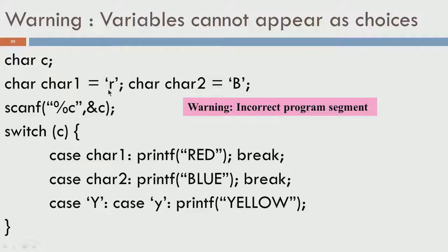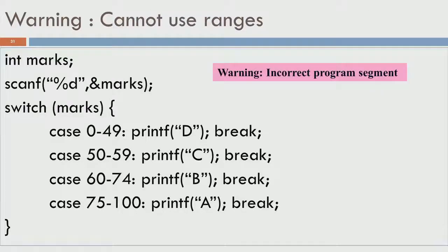Even though character 1 is initialized to a literal R, here you are putting a variable character 1 and that is not acceptable. So, C only allows constant expressions to be in the choices, you cannot put variables of any kind here. So, this is an incorrect program segment. So, if you go and try writing this in a program, you will see that the compiler actually indicates an error.